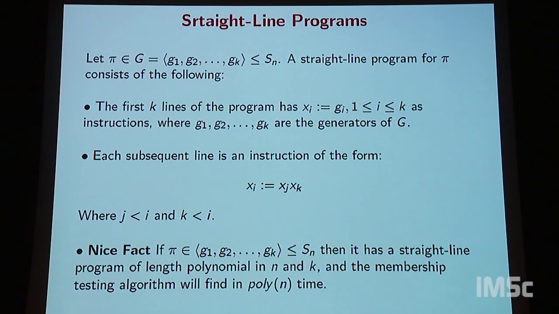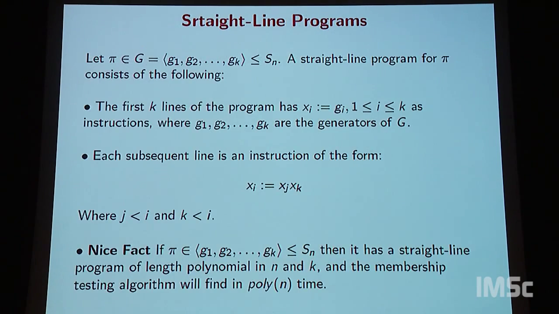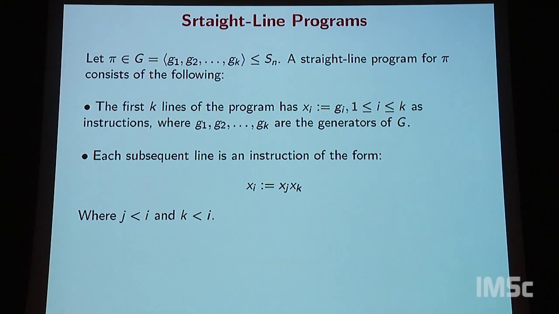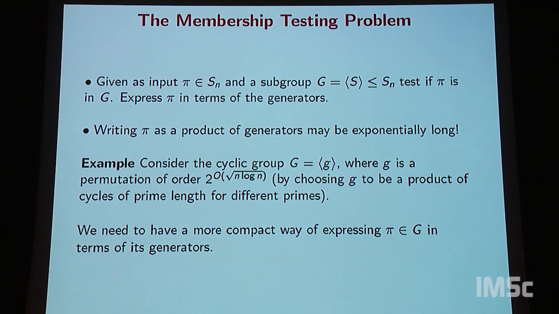So it's going to be a short straight line program, not an exponentially long straight line program. Remember that we started off with a membership problem. I want to design an efficient algorithm to test whether pi belongs to the group generated by S, and if so, express pi in terms of the generators through a straight line program.